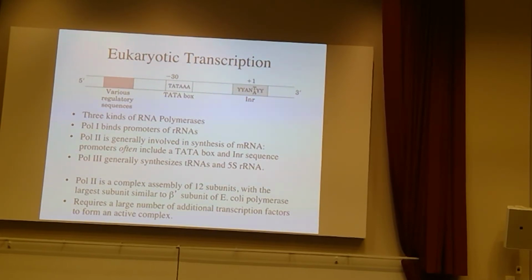As far as the enzymes that are generating the RNA, there are 3 families of RNA polymerases, Pol-1, Pol-2, and Pol-3. And they're called upon to generate different types of RNA products. In general, polymerase 1 binds to promoters upstream of where we want to generate ribosomal RNA species.